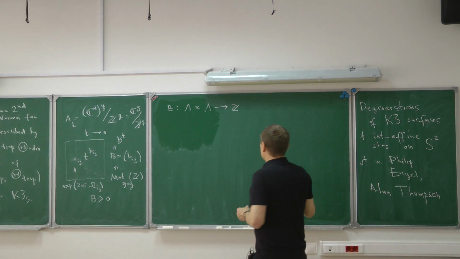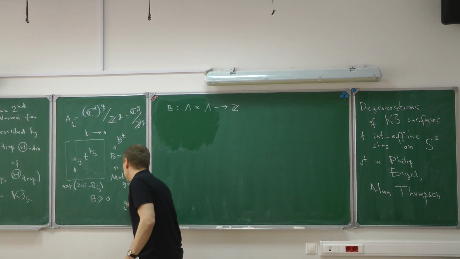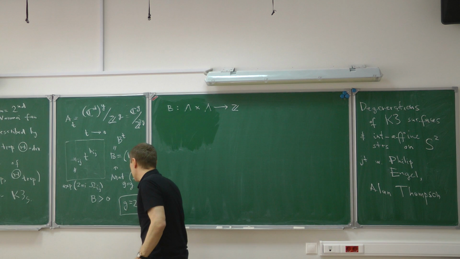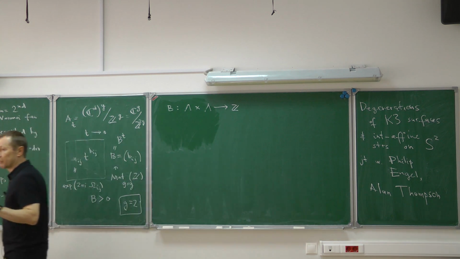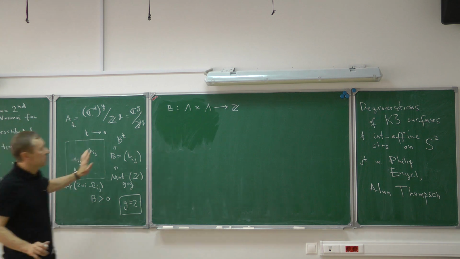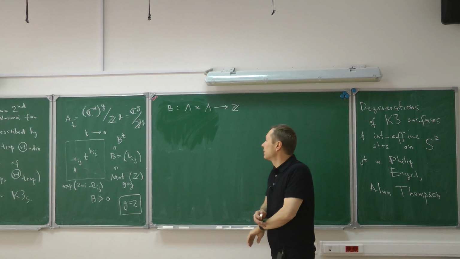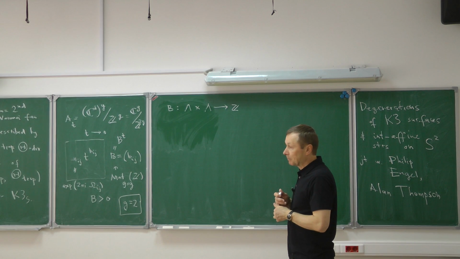From now on let me just talk about this case, just abelian surfaces. I'm going to generalize this to K3 surfaces later, but let me talk about surfaces. So very simply, this is a 2x2 positive definite symmetric matrix.